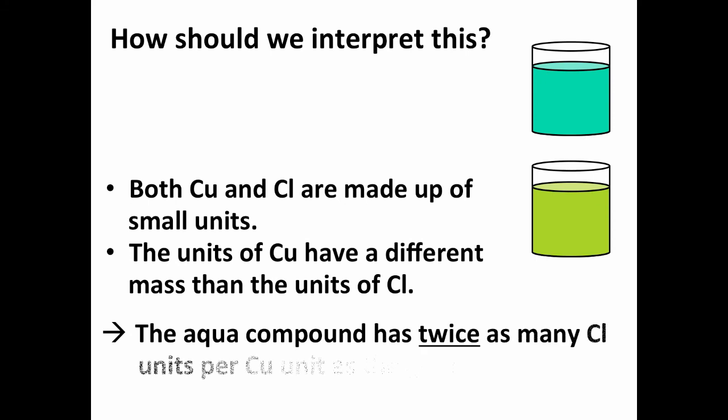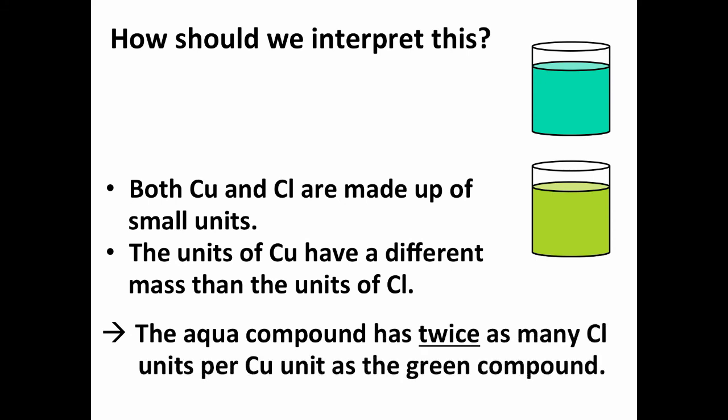And then what we're forced to conclude is that since the aqua blue compound has twice the mass of chlorine per amount of copper, it must have twice as many chlorine atoms or units as the second compound does per amount of copper.